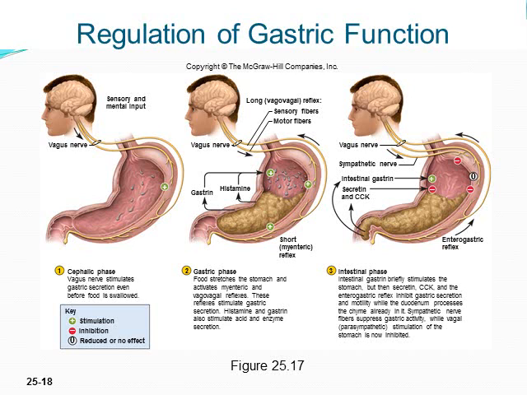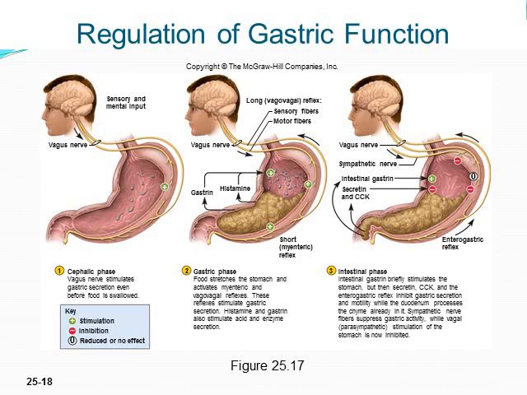But I think this is a great diagram and overview from McGraw-Hill to show how the vasculature and the nervous system and the endocrine system work together during filling of the stomach and then movement from the stomach into the duodenum. And we understand a lot about this gastric function, so it's a good one to look at.